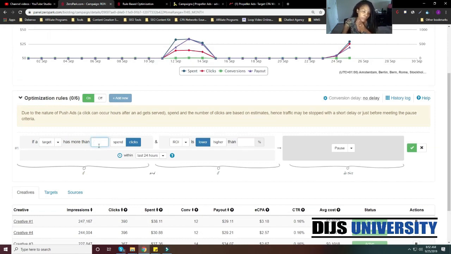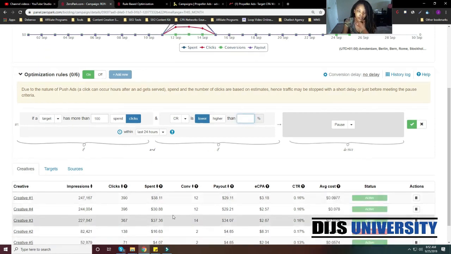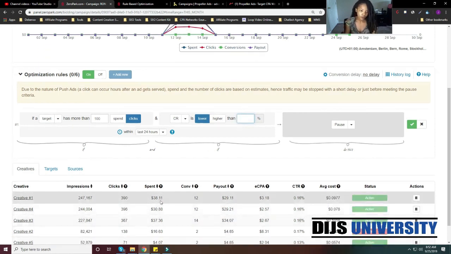So I'd say every 100 clicks, and we would probably do conversion rate is lower than, where are we at? Let me see what the conversion rate is, hold on y'all. What we made on average, we made 29.11. We got 390 clicks.